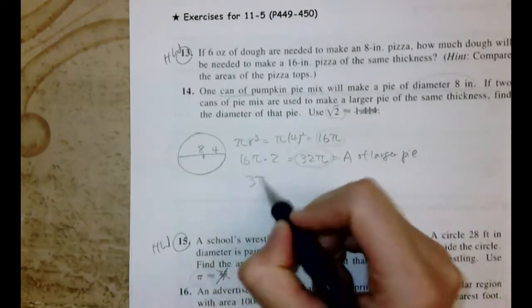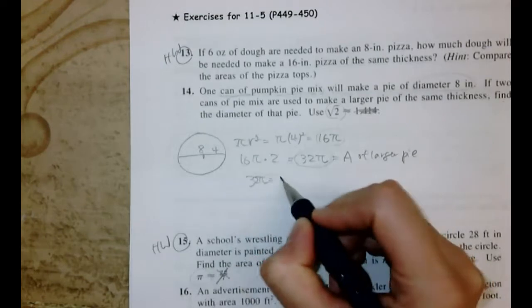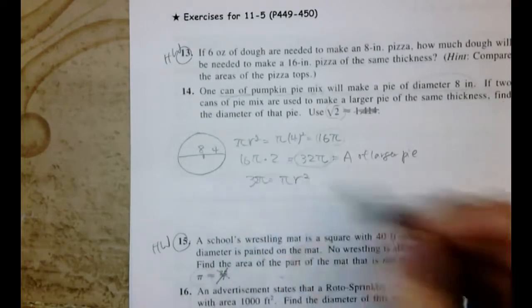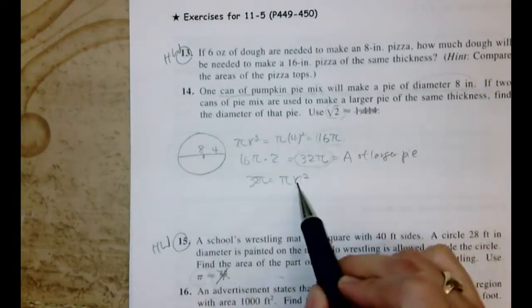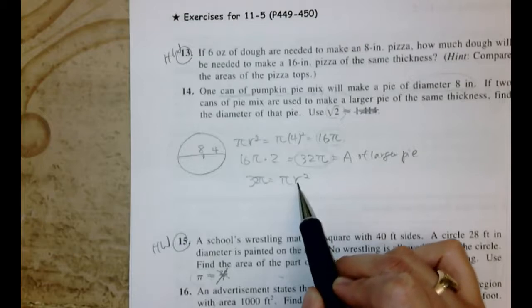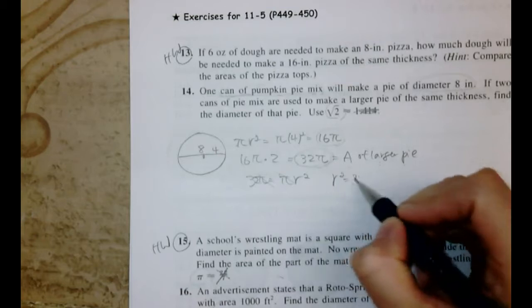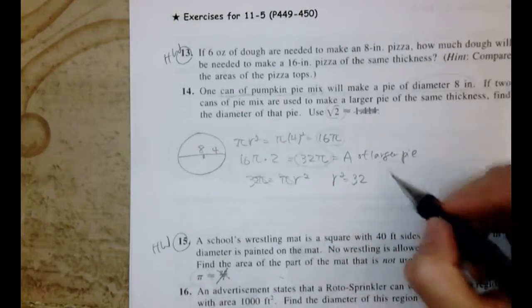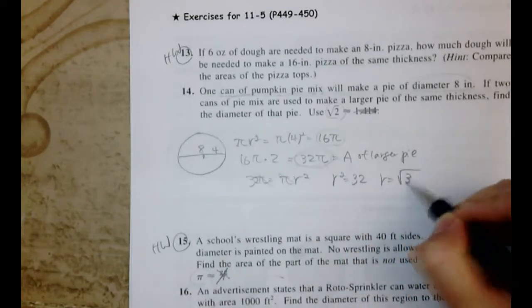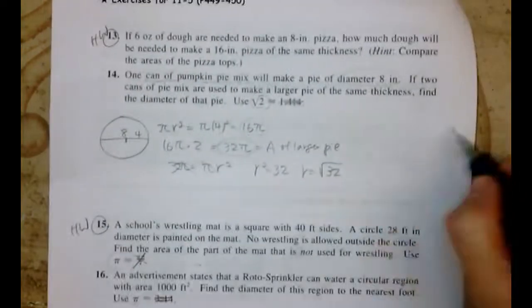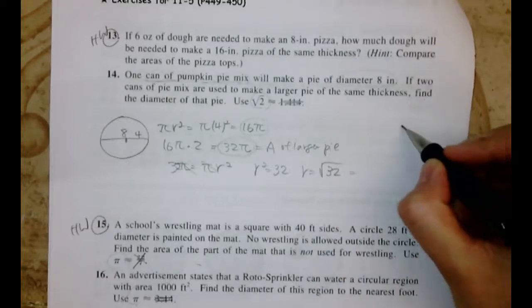So 32 pi is pi r squared of the larger one. You have to get the radius and times 2 to get the diameter. So pi cancels, right? So r squared is 32. So r is the square root of 32. And let's see, 32, there are 4 in there. No, actually, 32, there is 16 in here.